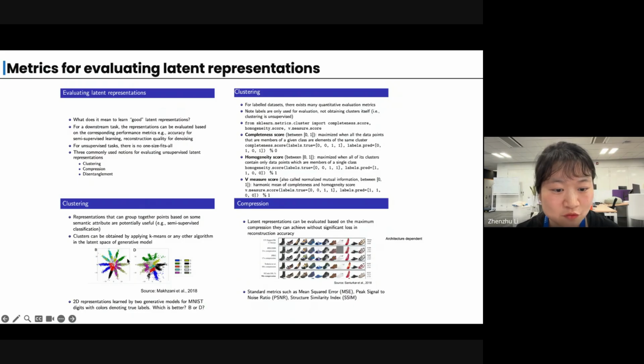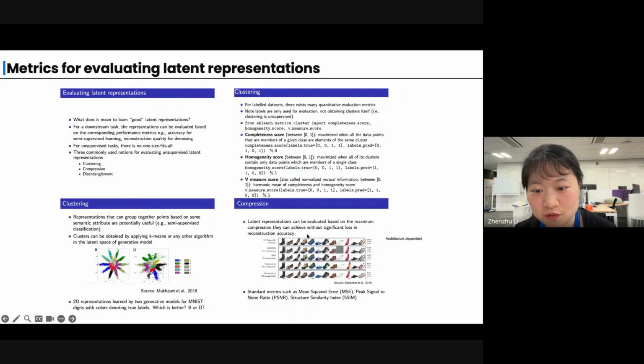If we have two models, like model B and model D, even though they can both work on this task, we can see clearly here that on model D the clustering is not so good. There are very blurred boundaries, or vague differentiation, between the different clusters. So clustering is one of the important metrics for evaluating the latent representation.